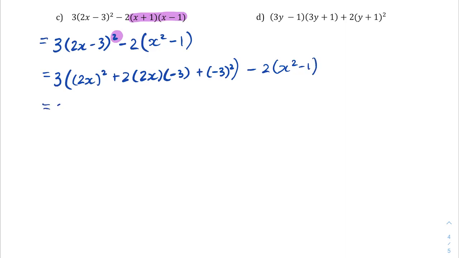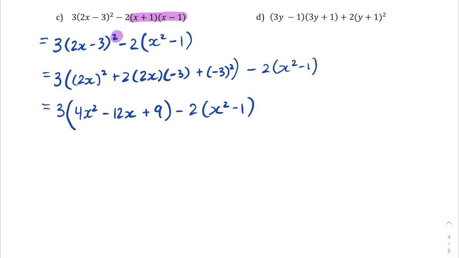Okay, let's simplify this before we try to go any further. 2x squared, 4x squared, 2 times 2 is 4, times negative 3. Well, wait, I got lost. Okay, 2 times 2, 4, 4 times negative 3, negative 12x plus 9. We didn't do anything to the second term, so let's rewrite it.